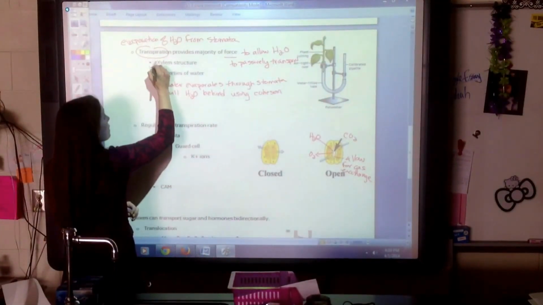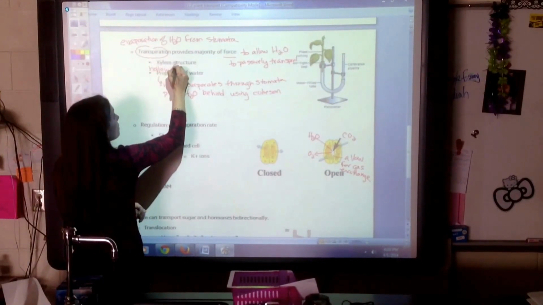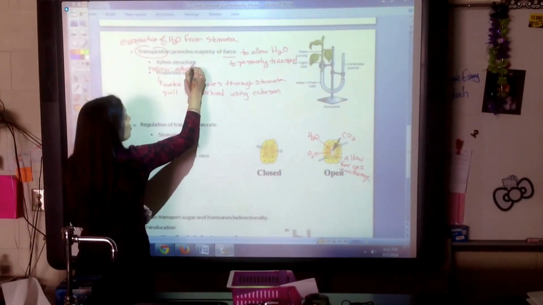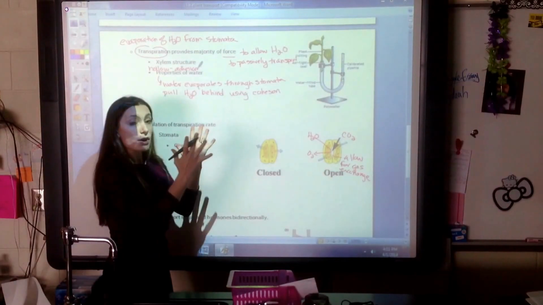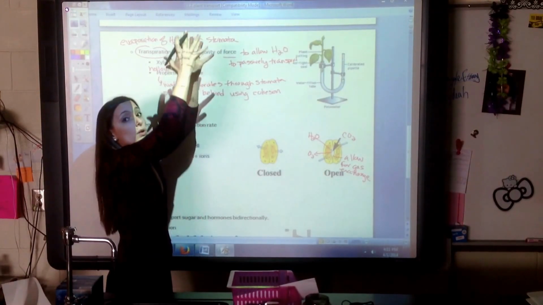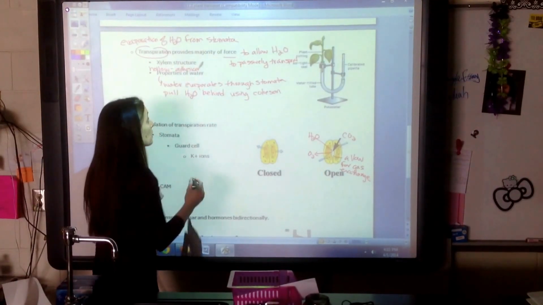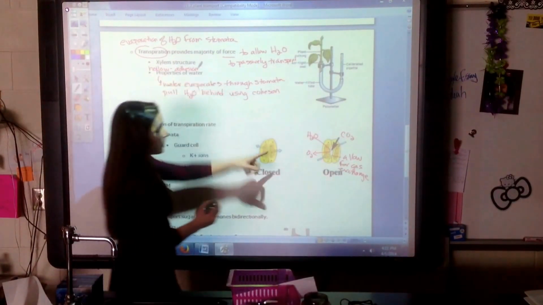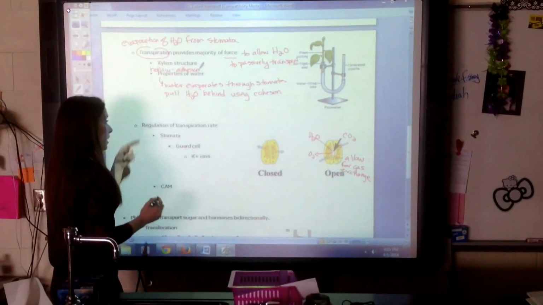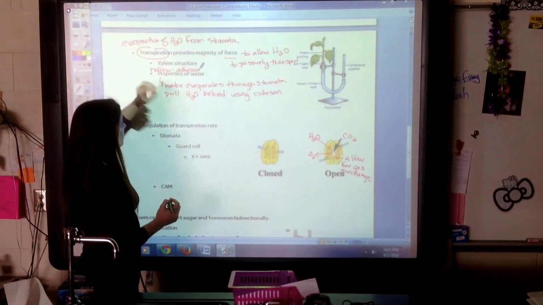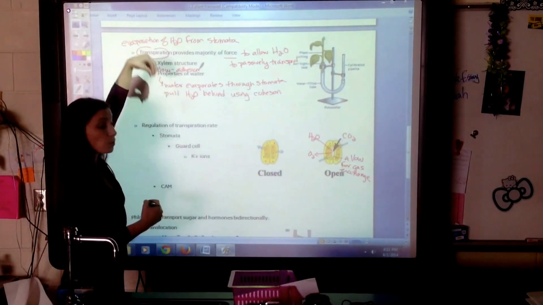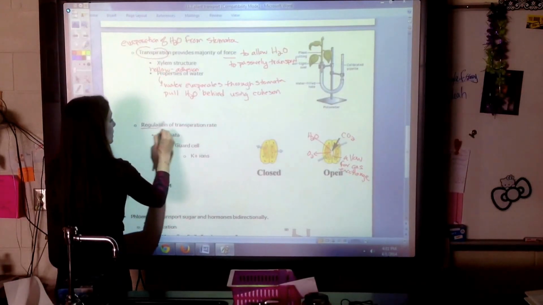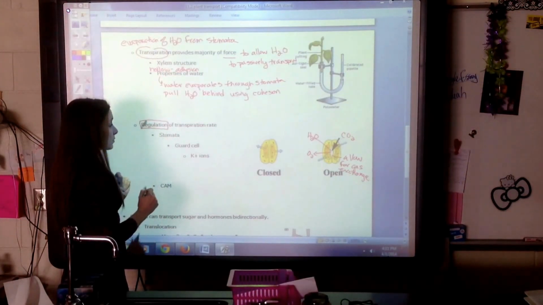Now because xylem is hollow, it also allows for adhesion and the ability of the water to stick and pull up the sides of the xylem. And so we see that as water evaporates through the open stomata, that we're going to see transpiration pull the water up. Now we do need to be able to regulate the transpiration rate.